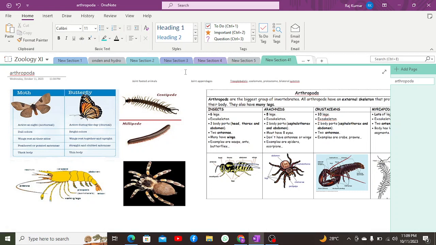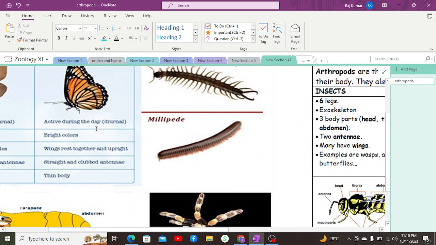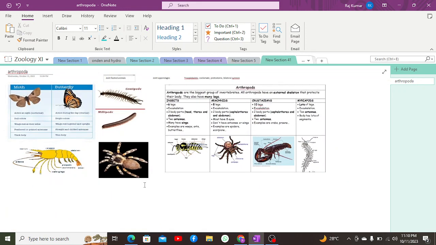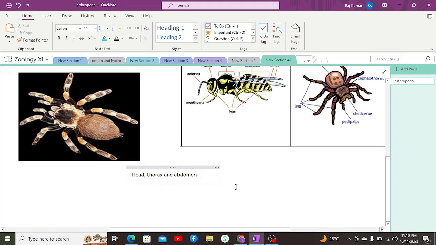Some other factors concern their body. Their body is divided into three parts: head, thorax, and abdomen.